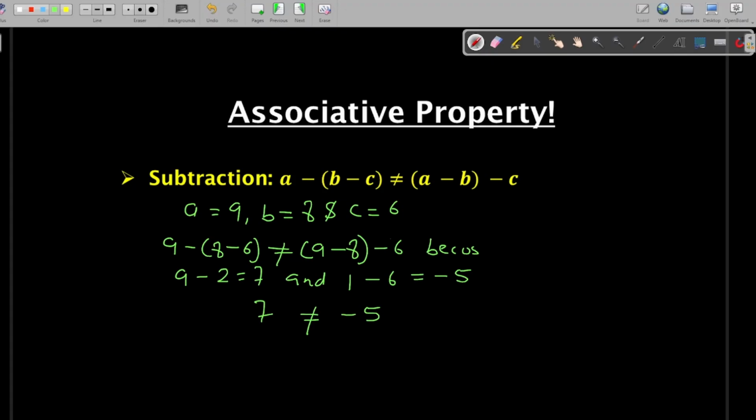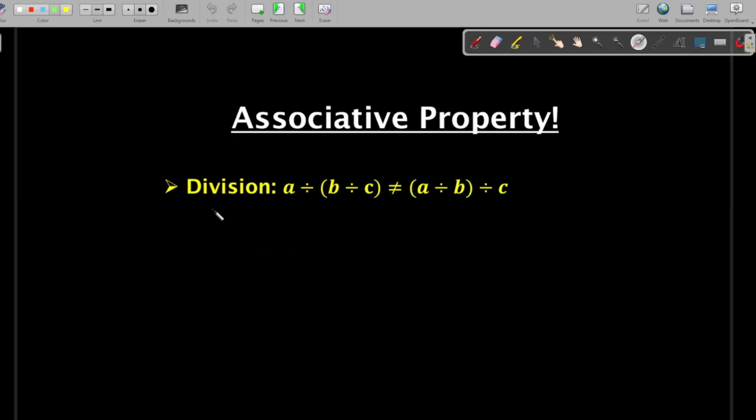For division, mathematically, it can be expressed as A divided by open bracket B divided by C, close the bracket. We said it's not equal to open bracket A divided by B, close the bracket, divided by C. For example, where A is 48, B is 4, and C is equal to 2.